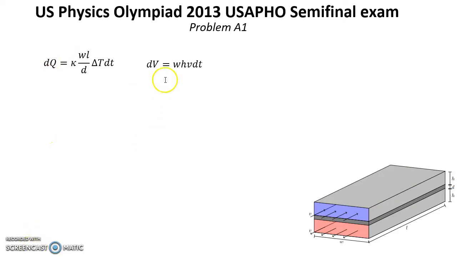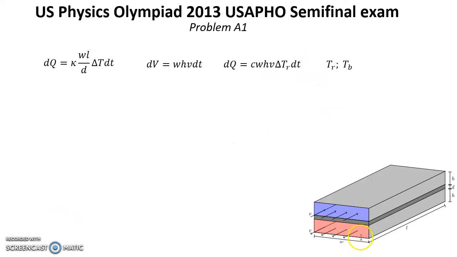In the same time, volume delta V of red fluid comes from the hot end, and this delta V equals W H V delta t, and the same volume leaves the left end with a lower temperature. Suppose the temperature difference is delta TR. It means that the red liquid gives up heat dq equal to this expression, and this dq must be equal to the dq which is heat transferred for the same time delta t.